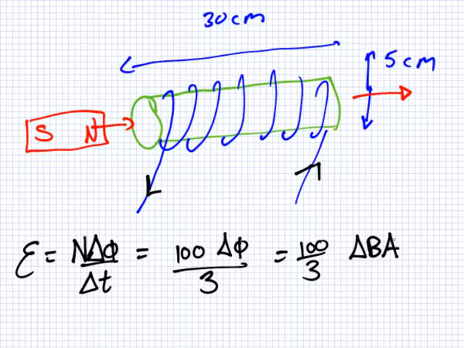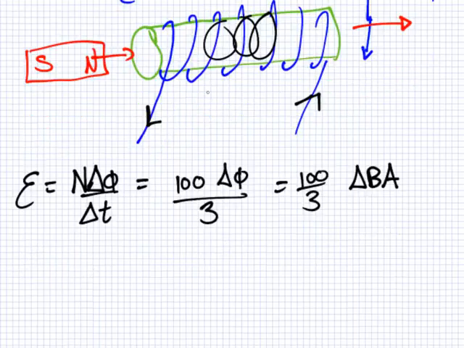Now, the A, the area, is not changing, because these are all circles. What is the thing that's changing? The magnetic field is the thing that's changing.